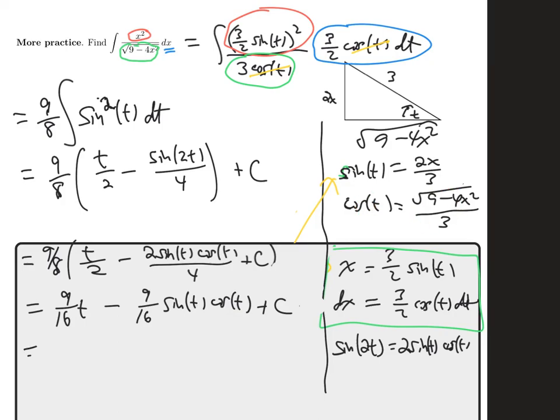So finally I'll have 9/16 arcsine 2x over 3, that's what t is, minus 9/16 the sine of t, which is 2x over 3, times the cosine of t, which is this thing.